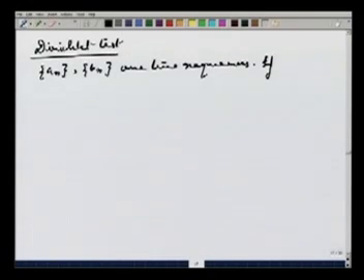If number 1, the summation n from 1 to m of an, which I call Sm, is bounded, that means the partial sums of an form a bounded set.